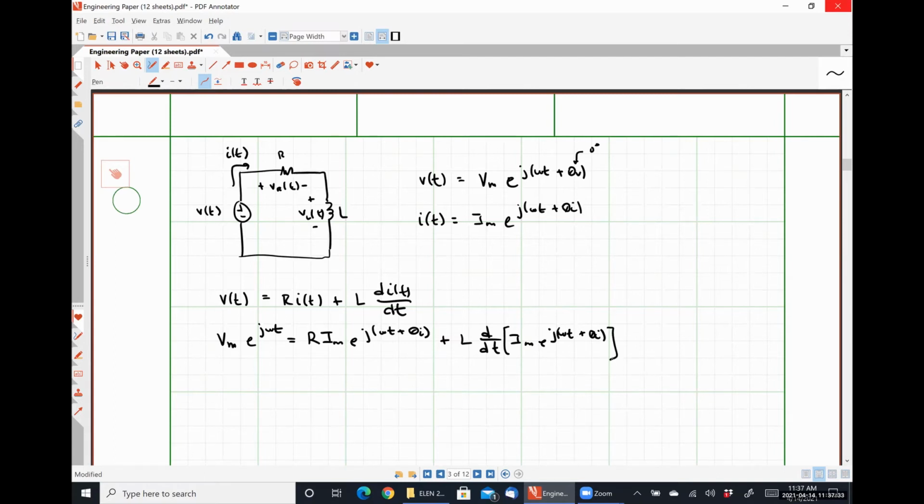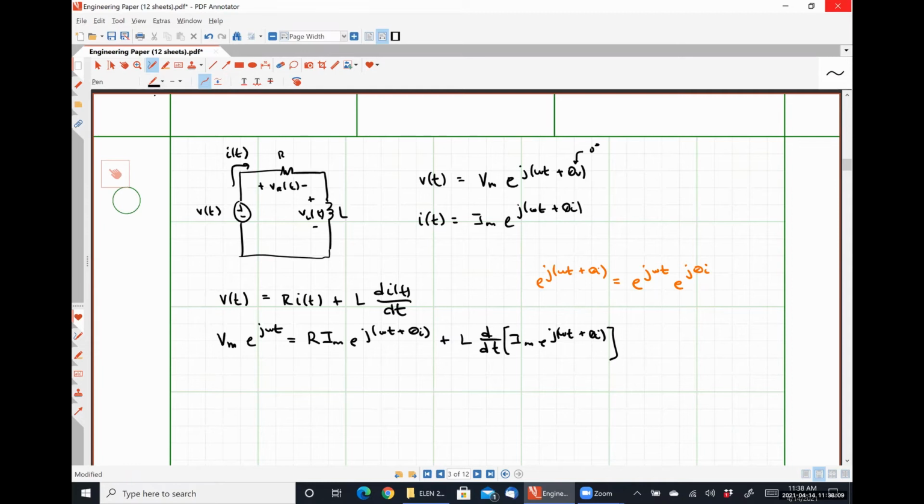What I'm going to do now is split all of those exponential functions, okay? What I mean by that is e to the j(omega t plus theta I) is the same as e to the j omega t multiplied by e to the j theta I. Everybody okay with that? When you multiply two exponential functions together, you simply add the arguments, all right?